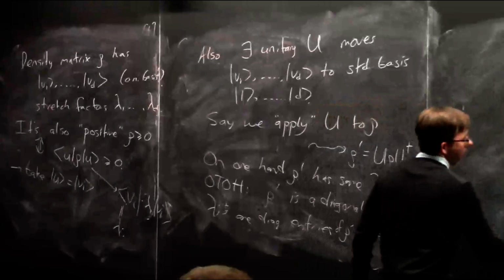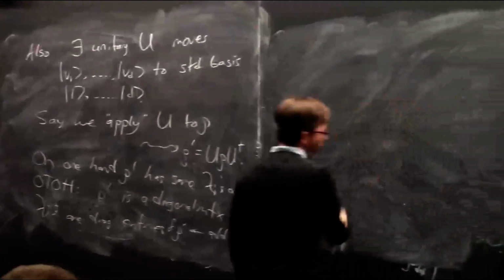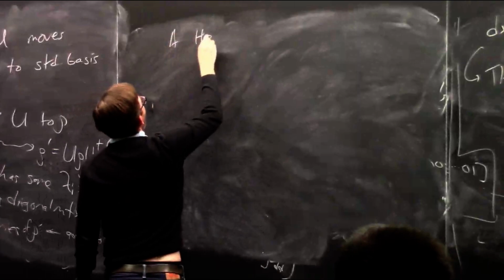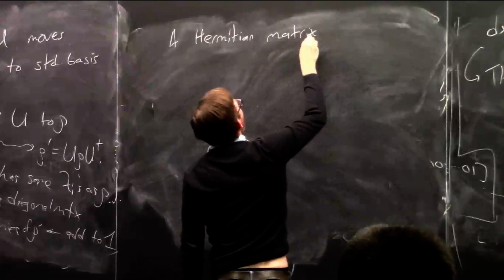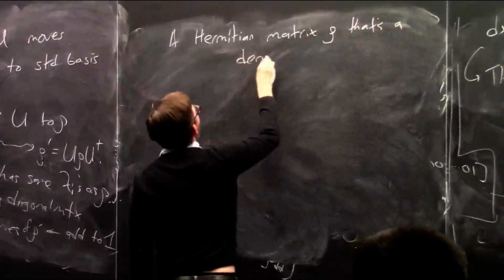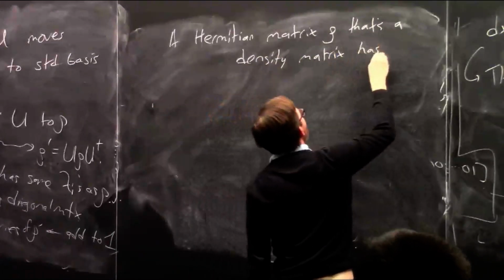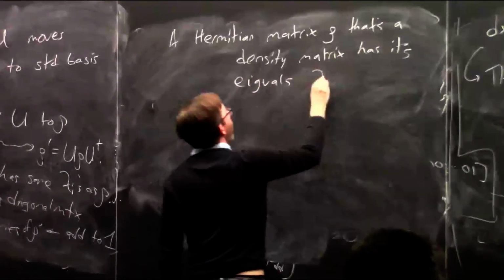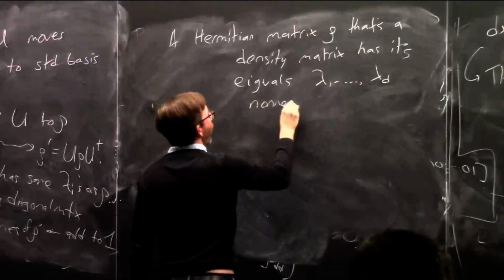OK, so just to summarize and conclude here. A Hermitian matrix rho that's a density matrix has its eigenvalues non-negative and adding to 1.